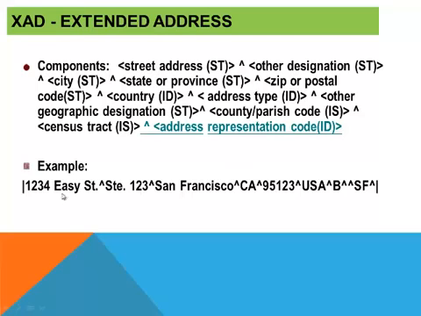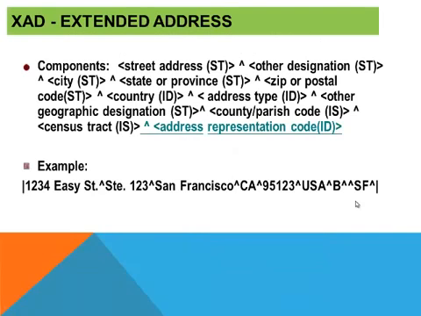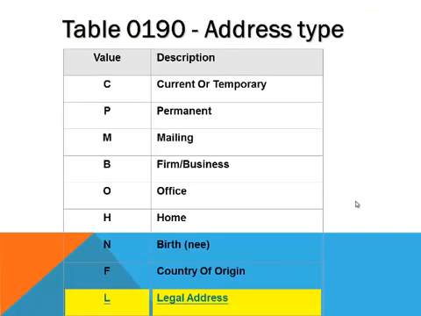For example, here we have a normal address, the same as the AD in the USA, but these two components are a little different from the AD, because they are extended. The address type code comes from here.